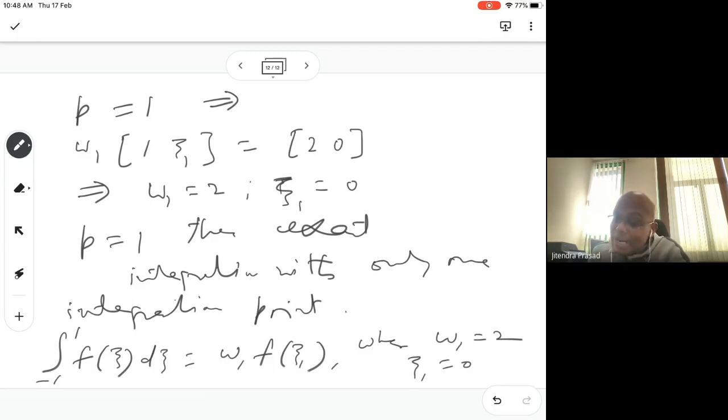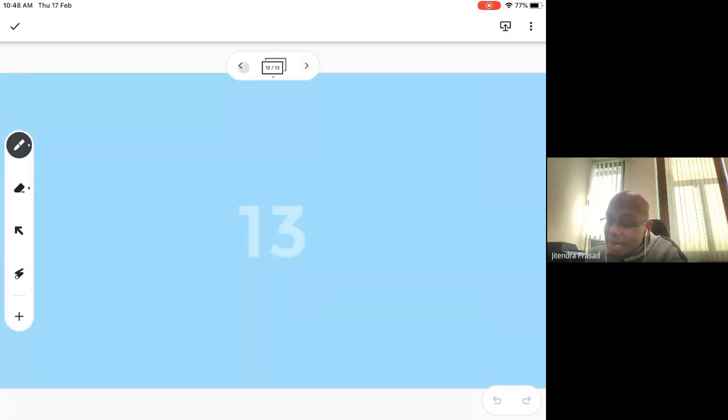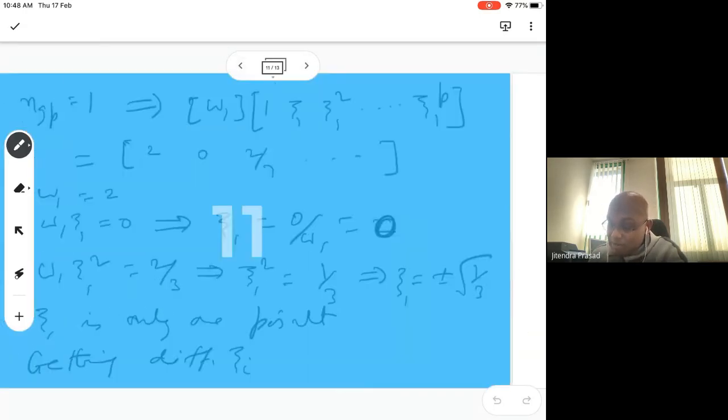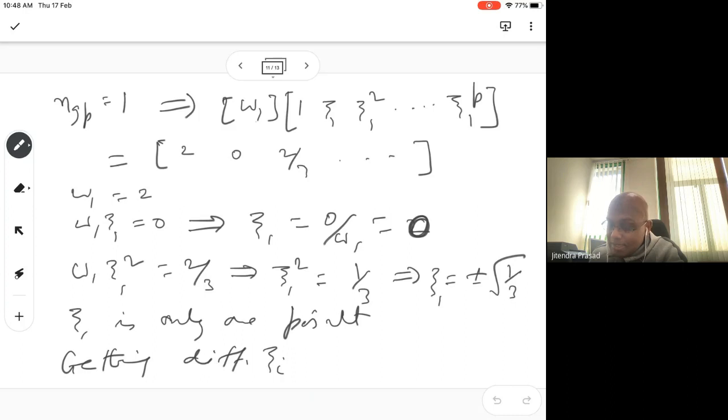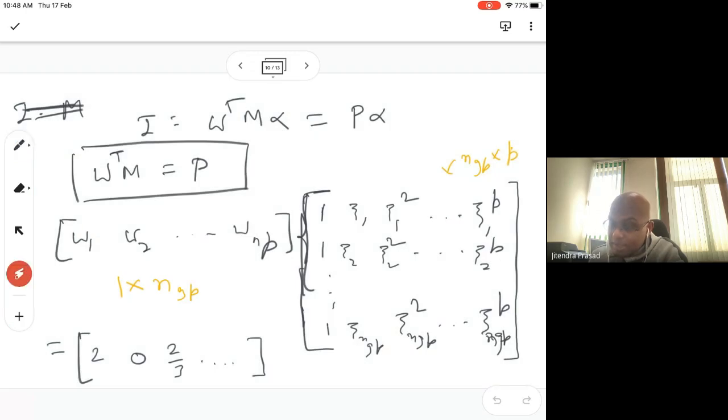Similarly, in general, you can look at that equation and find out simply that we have how many parameters here? We have W1, number of Gauss points. Each of them will have two parameters, as I said earlier.